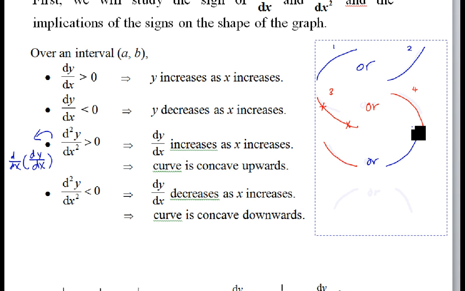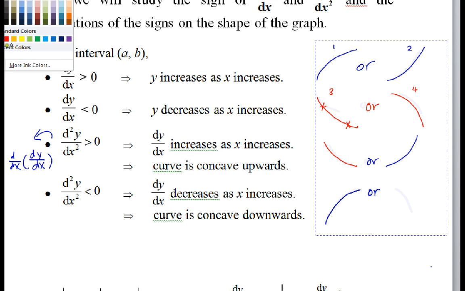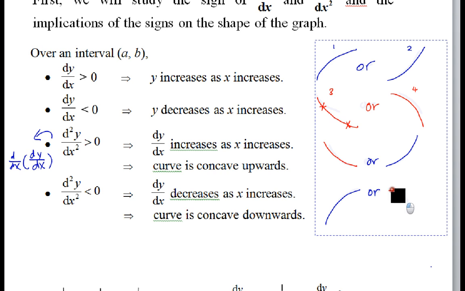Similarly, if your gradient is decreasing, then you have one of two shapes. Either it's like that, or it's like that. And again, this means concave downwards.